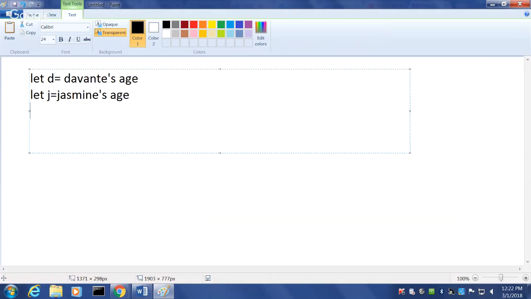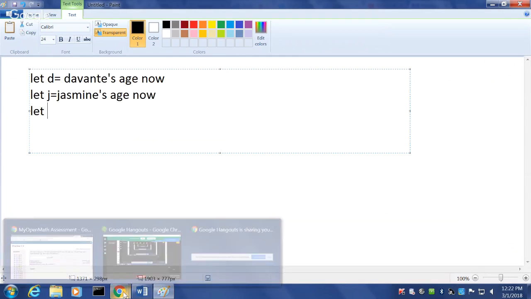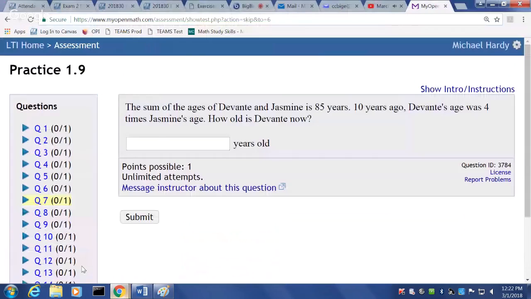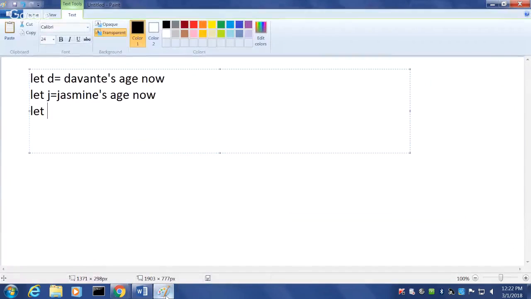Now there's another 2 that are good things to remember. Remember when we were doing this on Tuesday, we had their age now, and then we had to name another 2 ages, the same 2 people. What was the deal? We had their age now and their age when? 10 years ago. So how would I say Devante's age 10 years ago? What's one way of writing it?